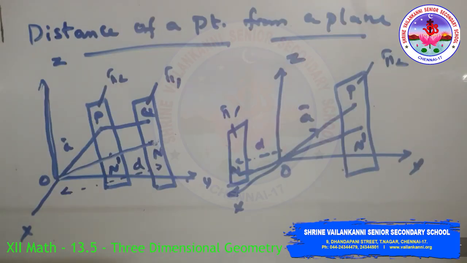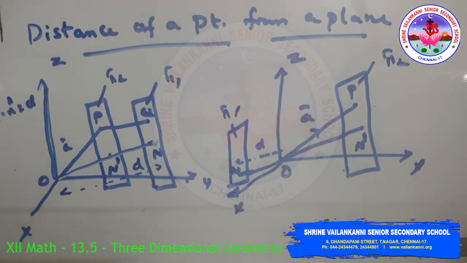Distance of a point from a plane, vector form. Consider a point P with position vector a and a plane pi 1 whose equation is r dot n equal to d. Consider a plane pi 2 parallel to the plane pi 1. The unit vector normal to pi 2 is n cap.